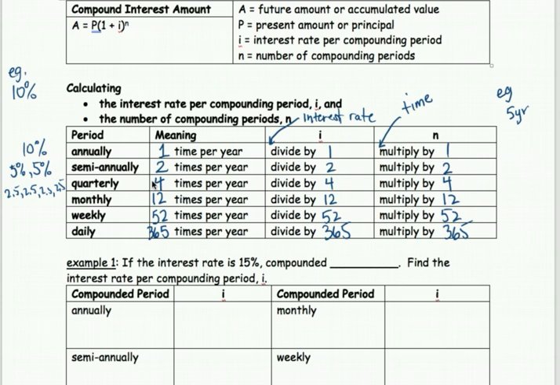So if you do this for 5 years, it's 4, 4, 4, 4, 4, 5 times, right? So you end up having 20 payments of whatever the interest was. So that's what this N is. It's kind of like the time, but it's how many times the interest goes onto the investment that you have in the bank.